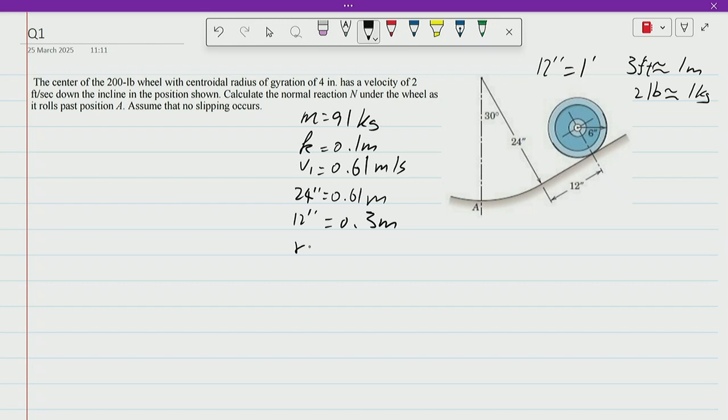The wheel also has a radius, which I'm going to call R, of 6 inches or 0.15 meter. So one of the tricky parts about this problem is that they gave us a radius of gyration, but also the wheel has a radius. The radius of gyration is primarily for calculating mass moment of inertia.